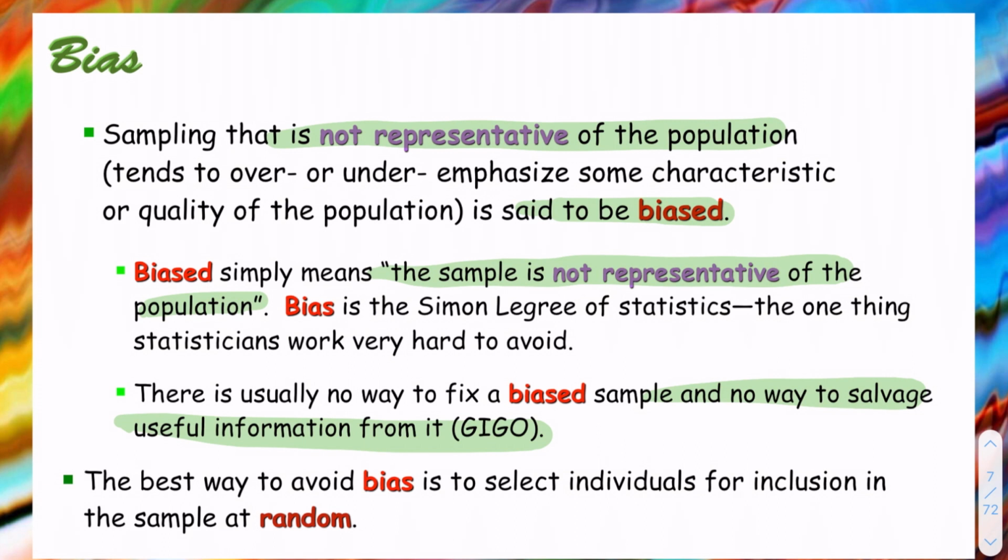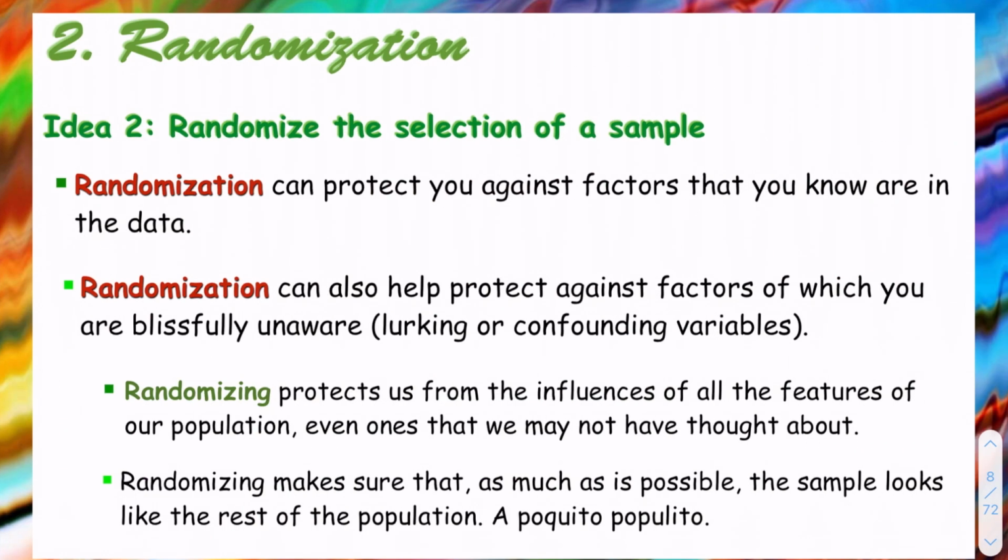The best way to avoid bias is to select individuals for inclusion in the sample at random. And that's why we have focused so much on this idea of randomization. So with randomization, the second idea, randomize the selection of a sample.